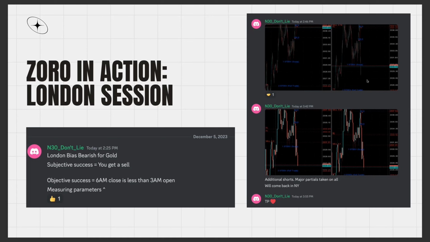Taking that subjectivity into account, if I gave you a bearish bias, and you did indeed get the sell and it hit your take profit, whatever that take profit is, then yes, it was a success.